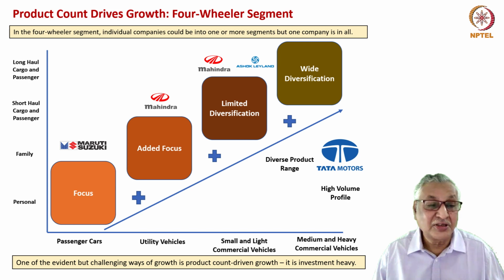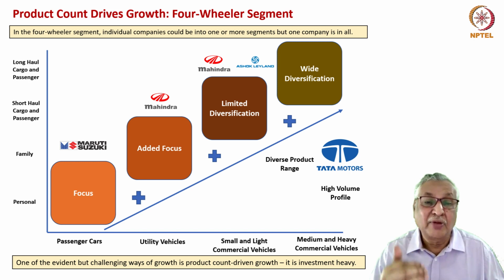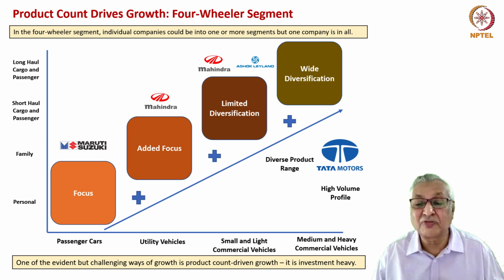In the passenger car segments, Maruti Suzuki came onto the scene with complete focus in that area. Then it added focus by bringing in utility vehicles and it moved up the value chain. Mahindra and Mahindra was a specialist in the utility vehicles, and then it moved up, adding limited diversification through trucks. And in some cases, it also tried to dabble in different kinds of passenger cars, not to much success.